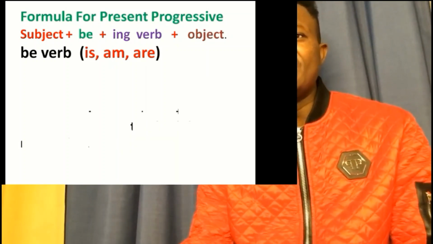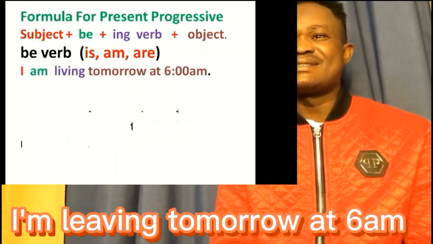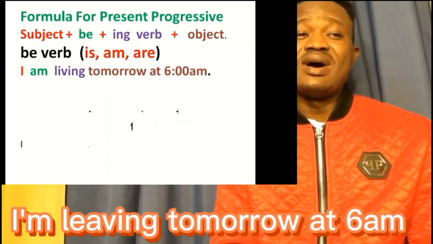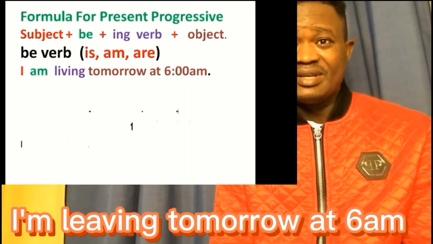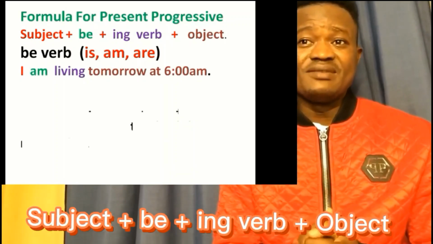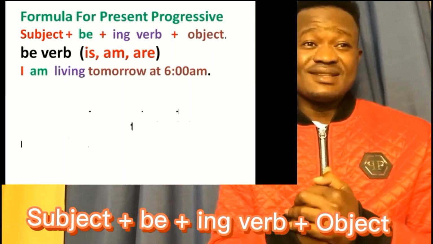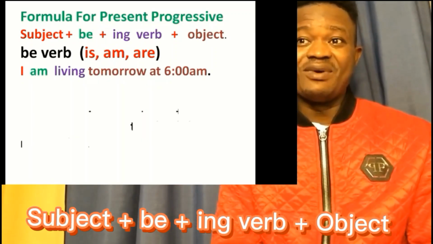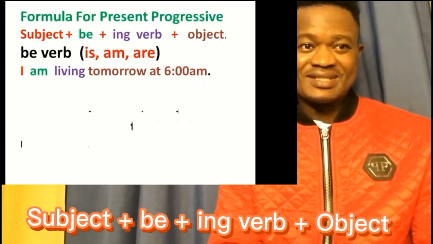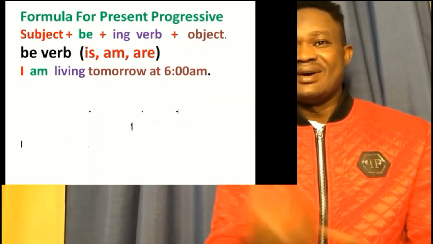All right, let's go. I'm leaving tomorrow at 6 a.m. You know, so I is a subject, am is the be verb, leaving is the ing verb, that is the main verb. Tomorrow at 6 a.m. is an object. Okay, all right, guys.